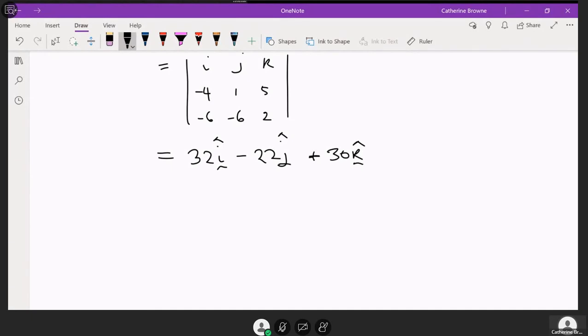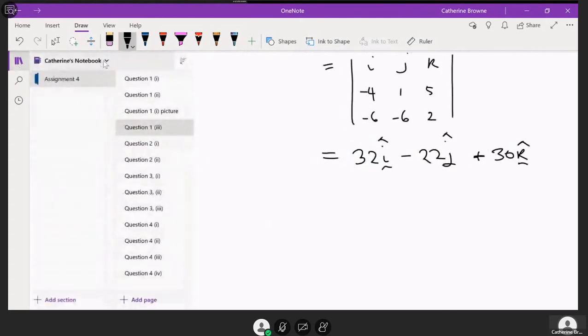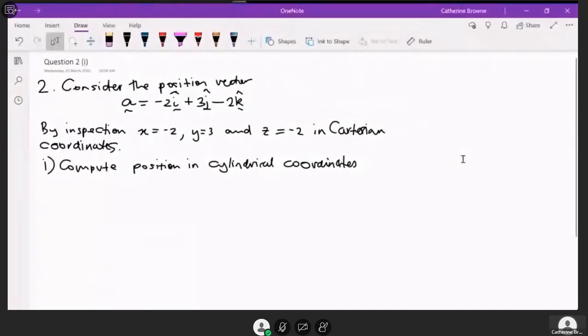Okay, I'm going to move on to question 2 now, unless anyone has any questions. Okay, so we've got a position vector here, A, given by minus 2i plus 3j minus 2k.